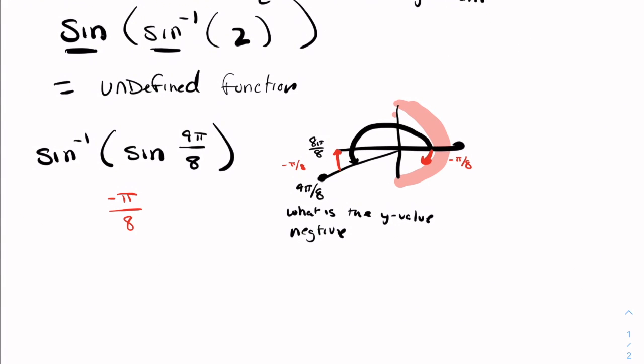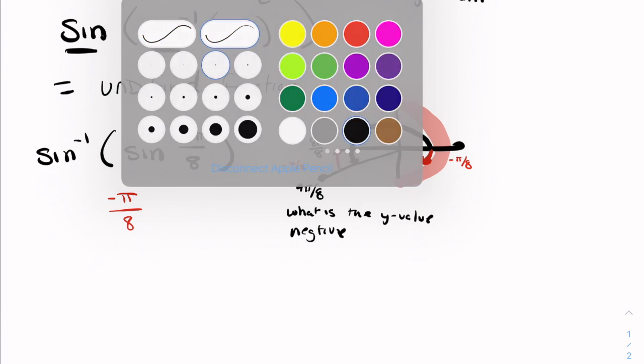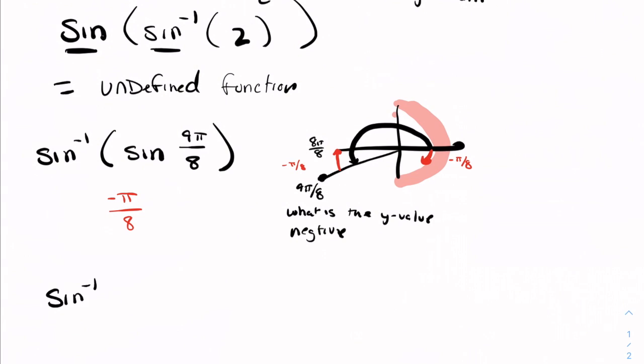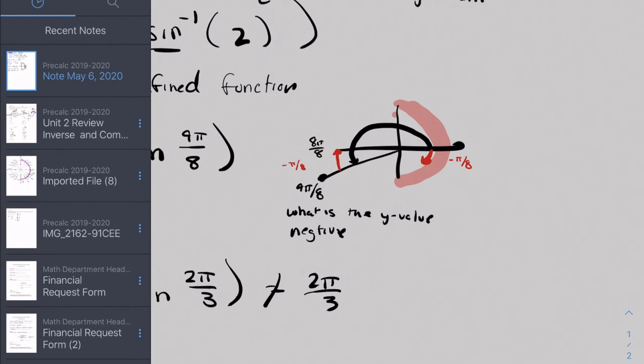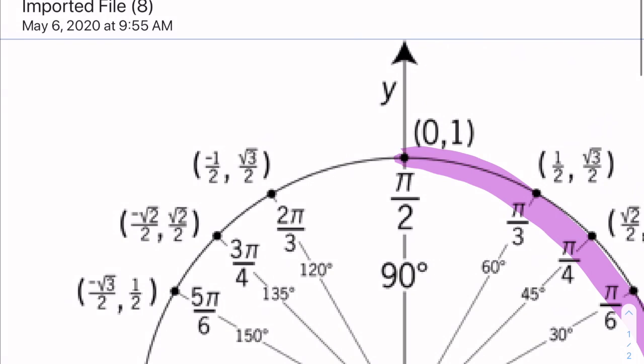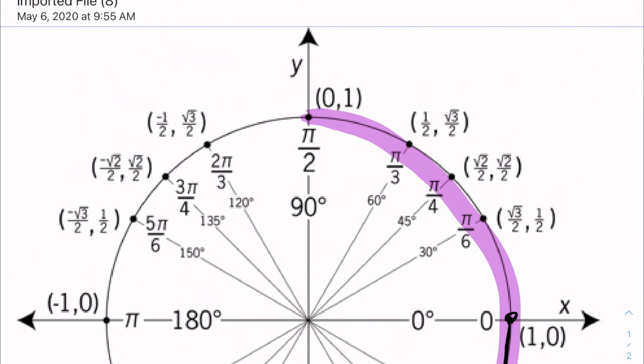Similarly, if we said inverse sine of, let's say, sine of 2 pi over 3. Again, this is not 2 pi over 3 because they undo each other, but rather, we can do this problem from the unit circle. So let's pull up our unit circle, and we go to 2 pi over 3, and we say, what's the y value?